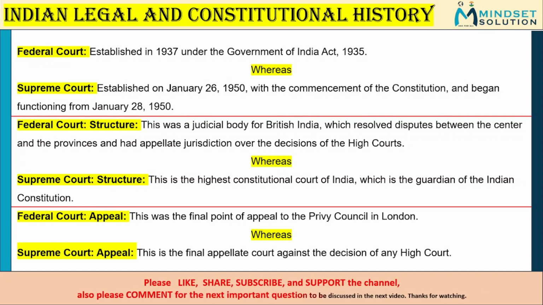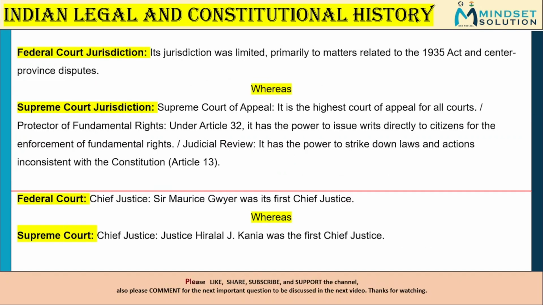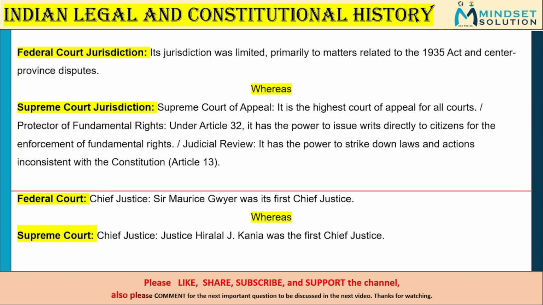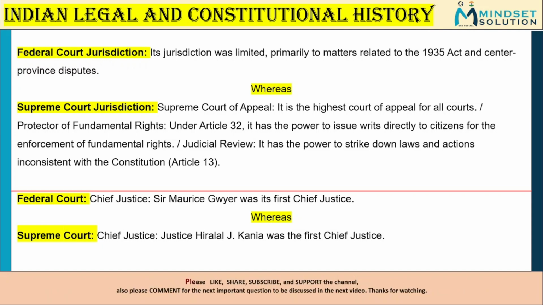Now we go to the next slide, which says Federal Court jurisdiction. The jurisdiction was limited, primarily matters related to the 1935 Act and central-provincial disputes.